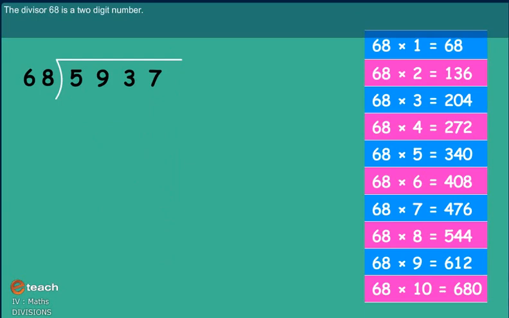The divisor 68 is a two-digit number. It is not contained in the two-digit number 59 of the dividend, so we consider 593. Since we do not know the multiplication table of 68, we take only 6 in 68 and 59 in 593.